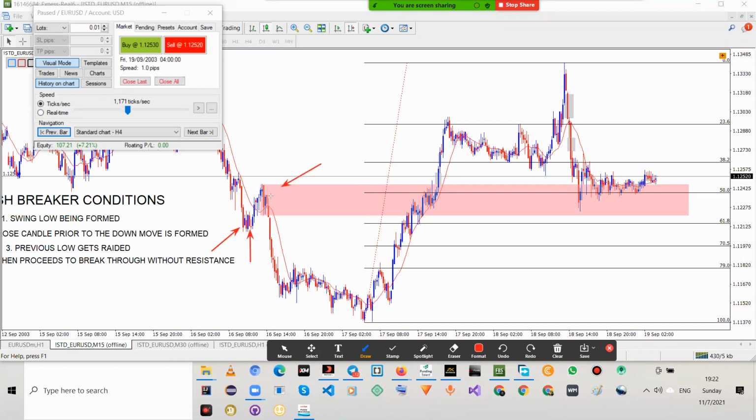This one is the up close candle that we're going to be using prior to the down move being formed. And this is the down move that we are implying, this move right here.